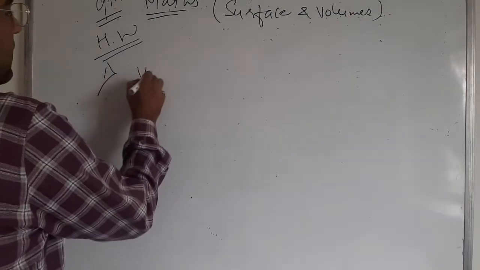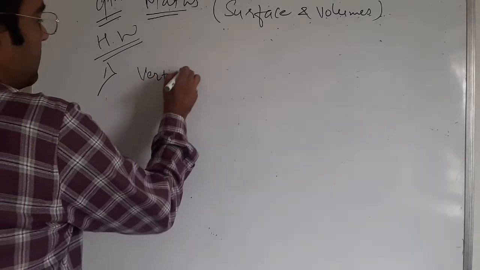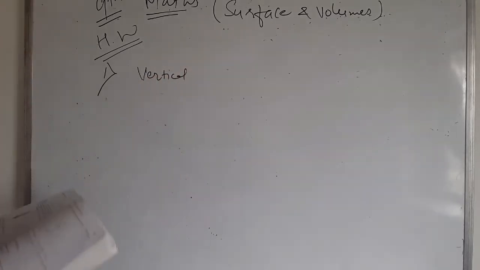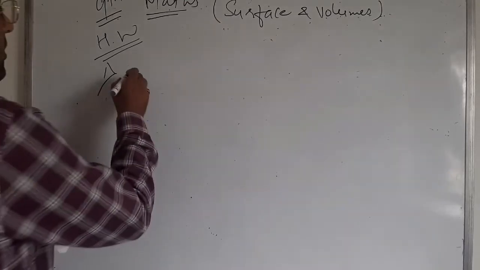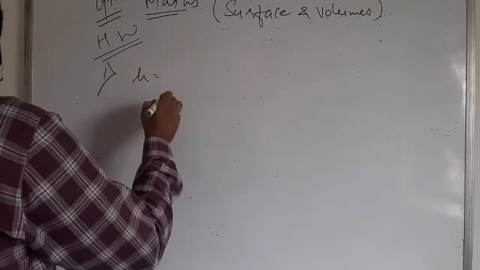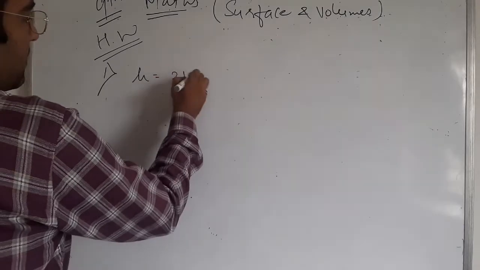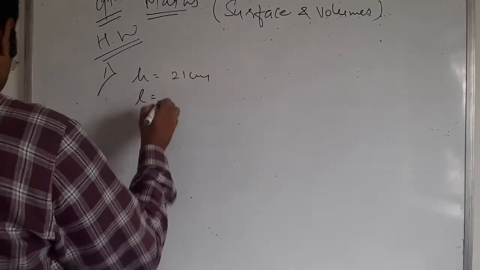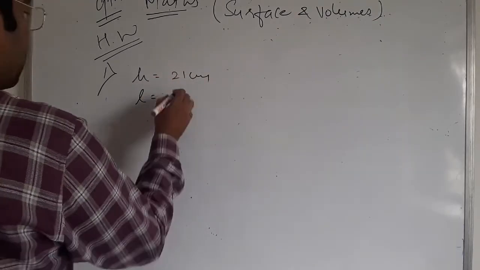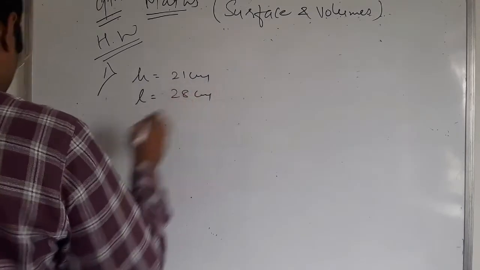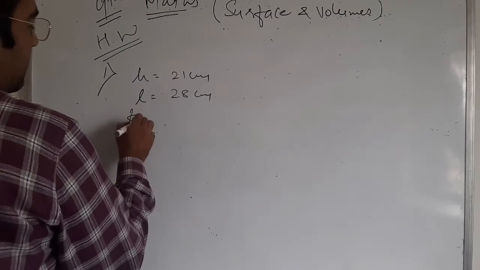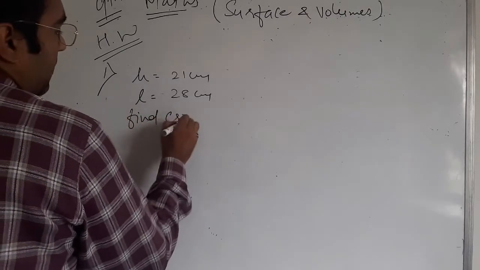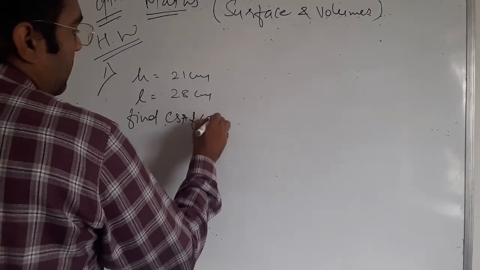Here the vertical height is h, given as 21 centimeter, and the slant height is 28 centimeter. Find the curved surface area of the cone.